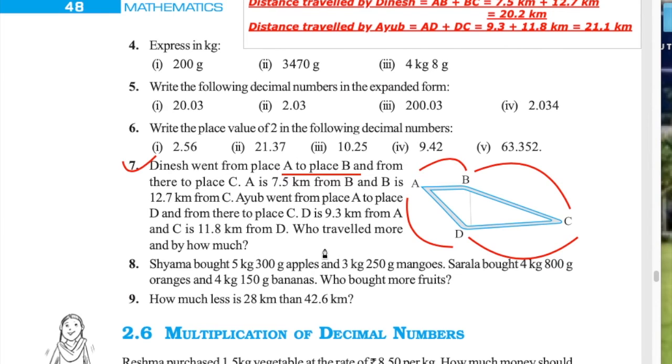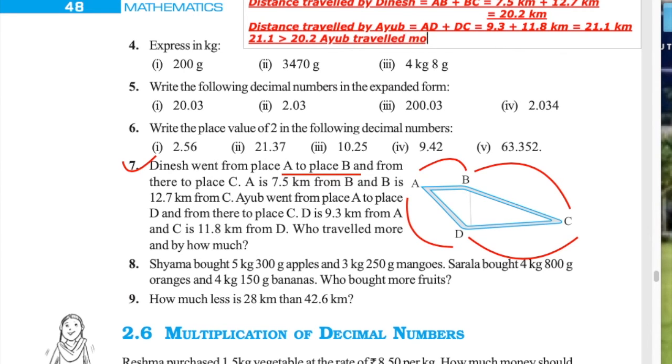You have to find who traveled more. The distance traveled by Ayub is 21.1 kilometers and by Dinesh is 20.2 kilometers. Because 21.1 is greater than 20.2, Ayub traveled more.